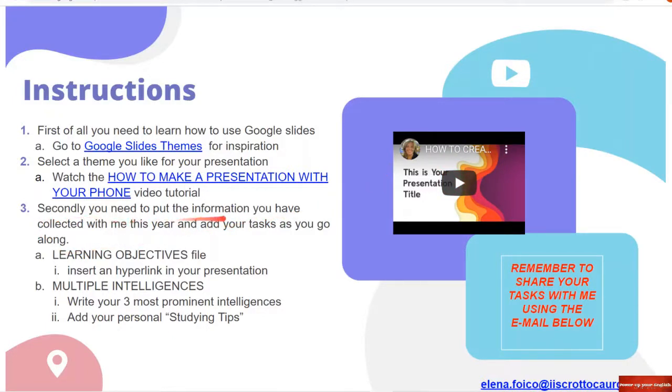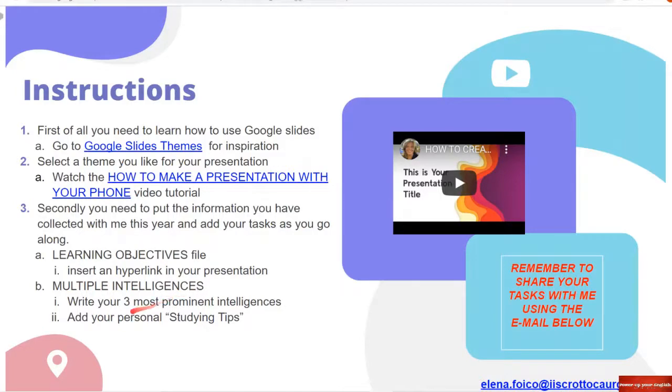Secondly, you need to put the information that you have collected with me this year and add your tasks as you go along. So far we have only done 2 tasks. So our learning objectives file, and I will teach you how to insert a hyperlink in your presentation, and your multiple intelligences file.